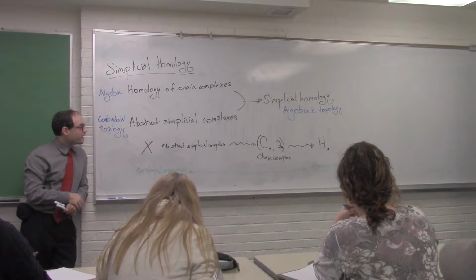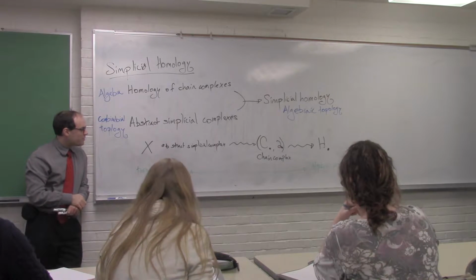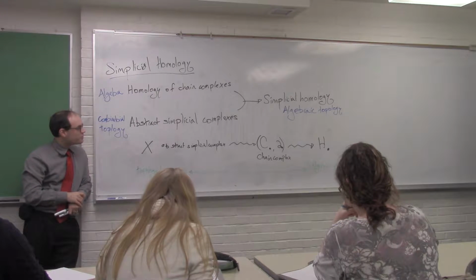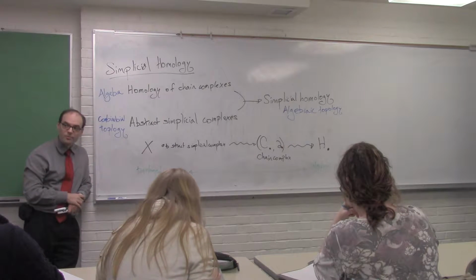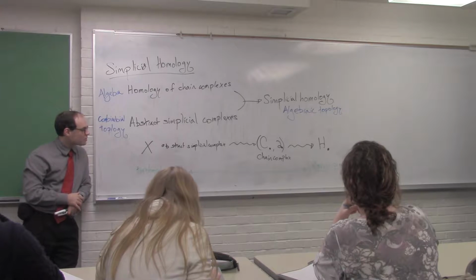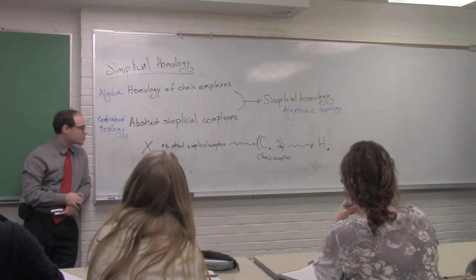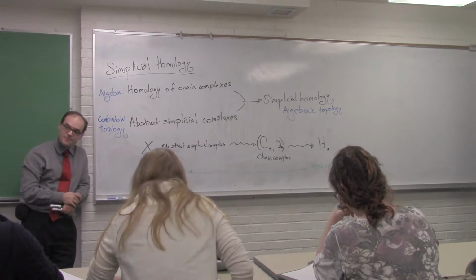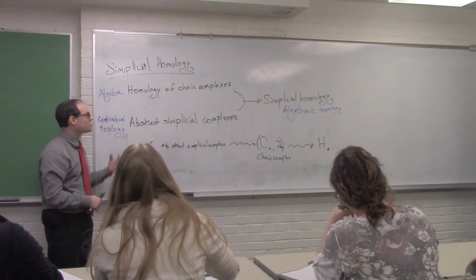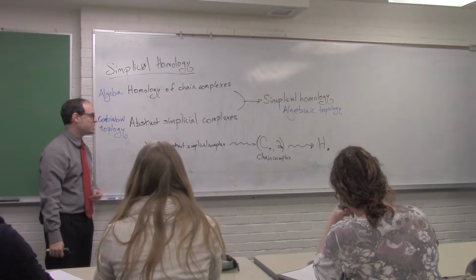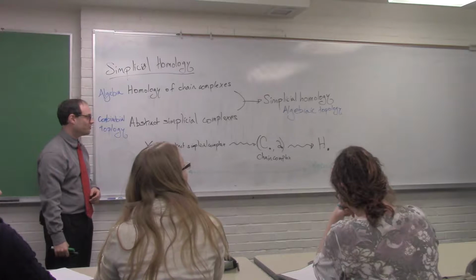Now, it's worth noting that there are various other things that you could put on the topology side of things. You could put CW complexes. You could put things called cell complexes, or just general topological spaces. And in those contexts, the recipe is still much the same from a high level.